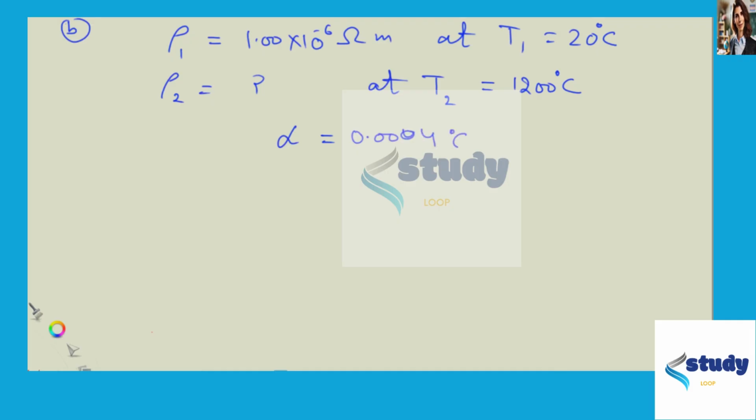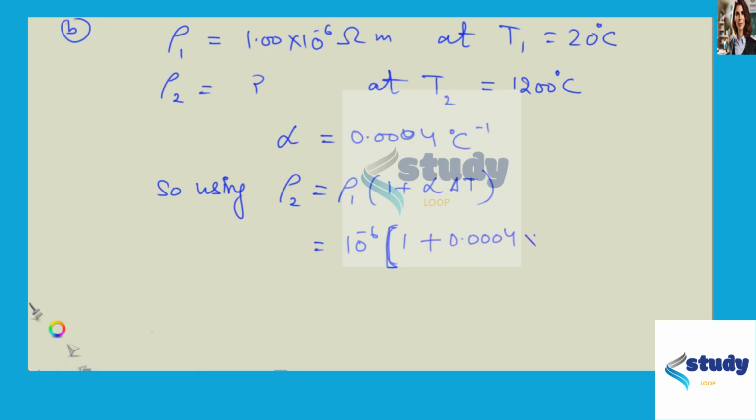0.0004 per degree Celsius. So using an expression for the variation of resistivity with temperature, rho 2 is equal to rho 1 bracket 1 plus alpha delta T. So here it is 10 to the power minus 6 for rho 1, into bracket 1 plus alpha 0.0004 and delta T, that is 1200 minus 20.